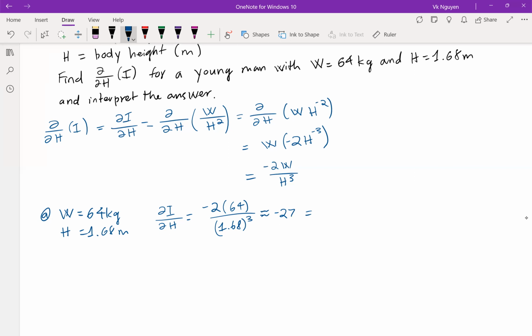So what does this mean? It means that -27 over 1. The -27 here is the body mass index, and then the number 1 here is the height, in meters. Well, but a person cannot grow by 1 meter, so we've got to convert it to centimeters.